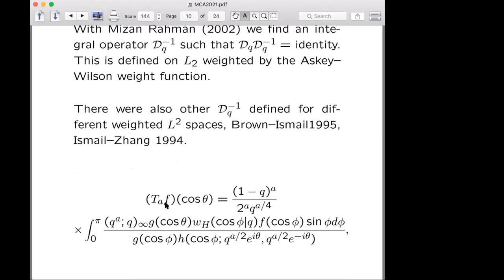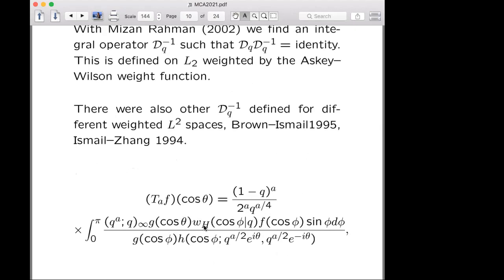So the operator acting on this is this one. This is the G, this is the special function that we chose. And this is the weight function for the q-Hermite, and is divided by this whole thing here.